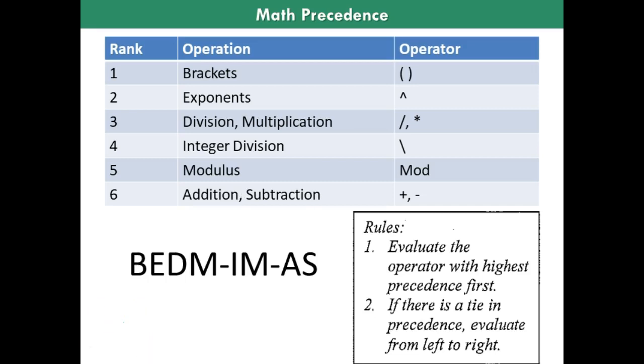Evaluate the operator with the highest precedence first. If there is a tie in precedence, work from left to right. This is something that you've been practicing for years in your math class after having learned Bedmass. Intuitively, we work from left to right in the English language, so that makes it easy.